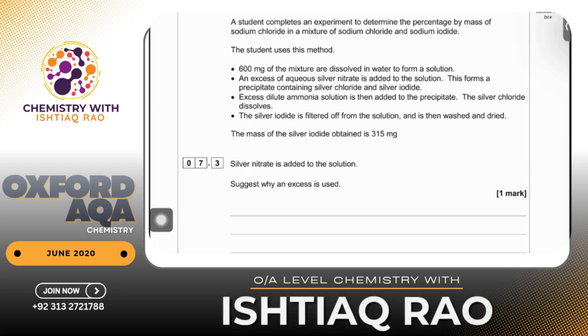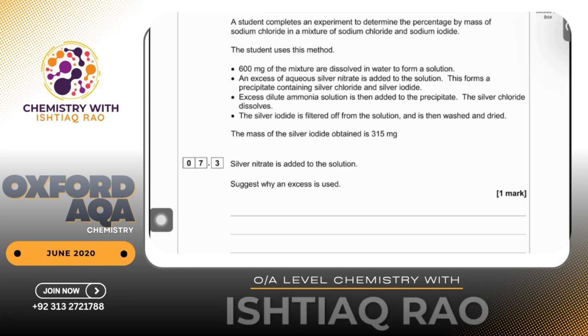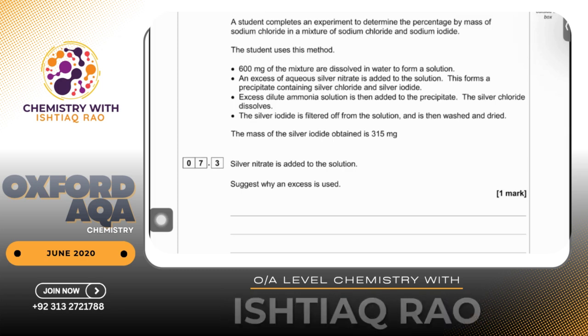Silver nitrate is added to the solution. Suggest why an excess is used. In this, you have two solutions. So if you have two solutions, it means that iodide would be reacting with silver nitrate, and also the chloride would be reacting with silver nitrate. So of course more silver nitrate is needed so that we can make sure all of the halide ions have been reacted.